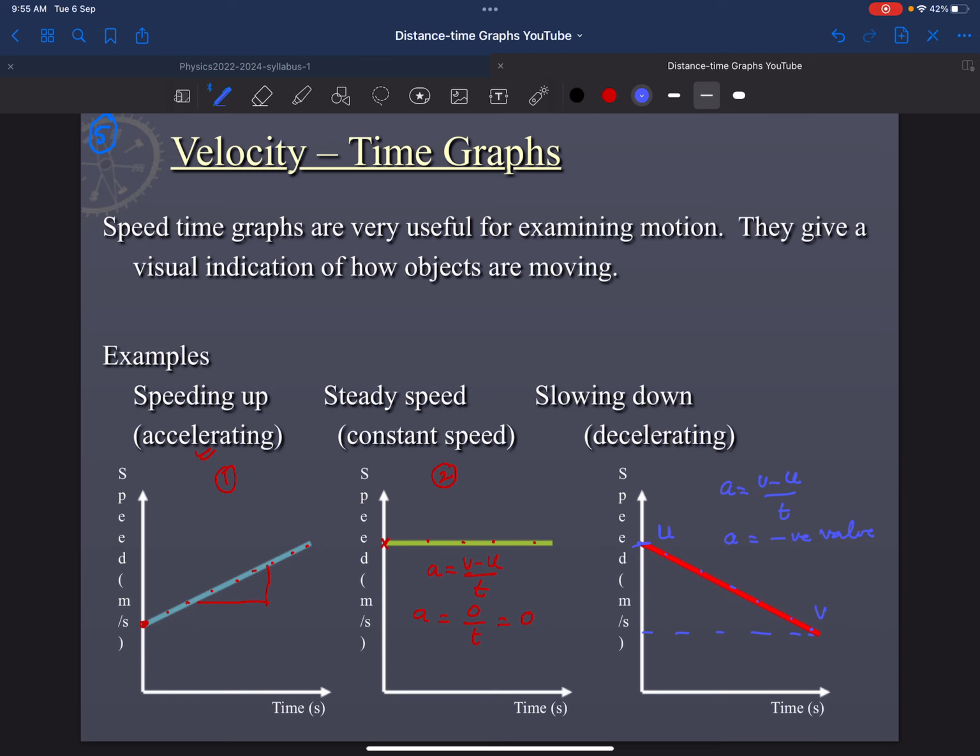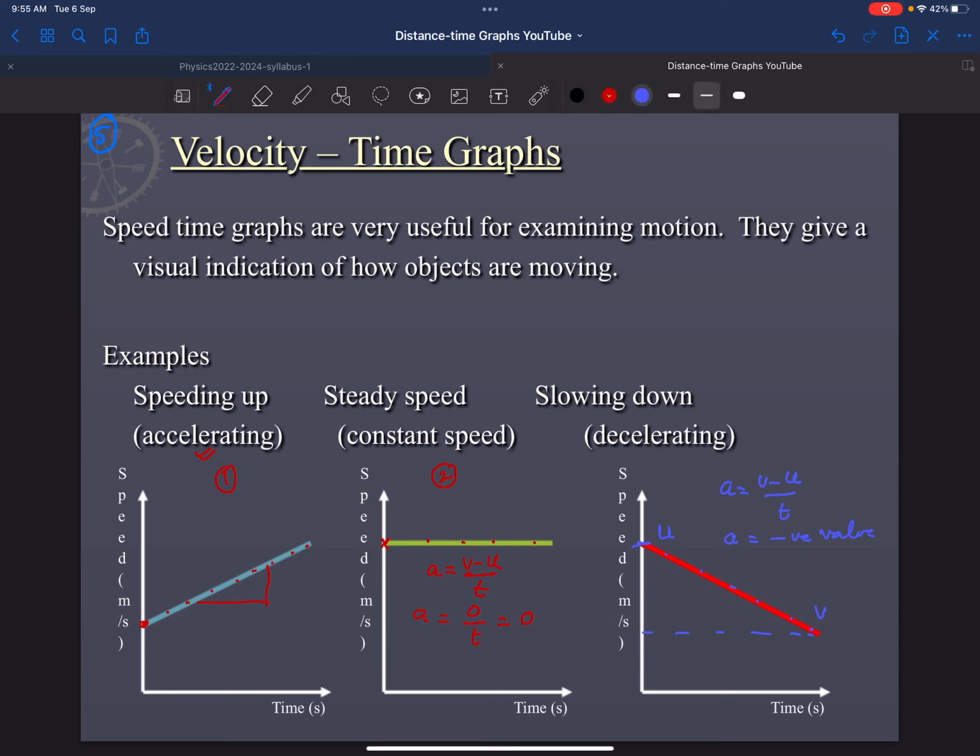So these three graphs are also very important. Speed-time graphs are very useful for examining motion. They give a visual indication of how objects are moving. Basically, if you want to describe the motion, these graphs will help you find out that particular situation.